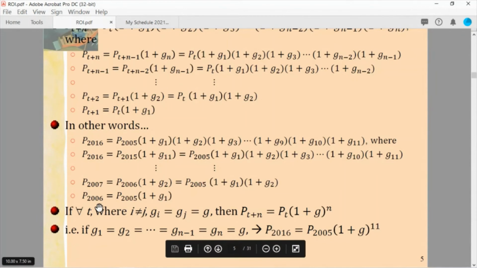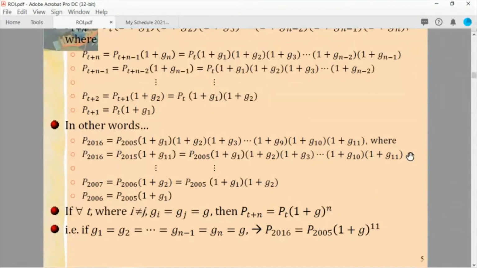Now, you might wonder why you didn't start from 2006. But in math, this is the conclusion, and then you add additional explanation after the conclusion, right?